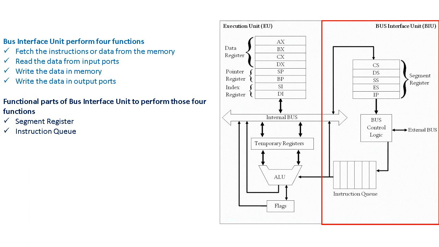To operate these four functions, we have a number of functional parts, and we have to discuss those. The functional parts of the bus interface unit to perform these four operations are the segment register and the other part, the instruction queue.